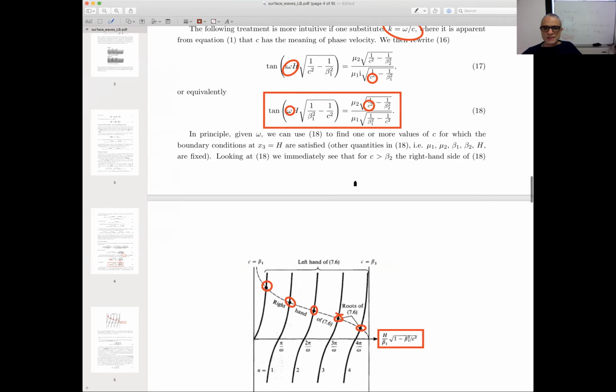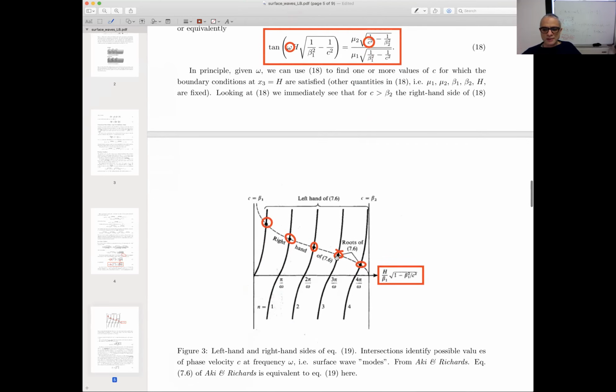Those are the values of omega and C that correspond to intersections between the left-hand side and the right-hand side.